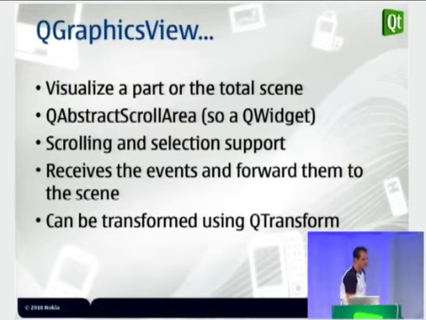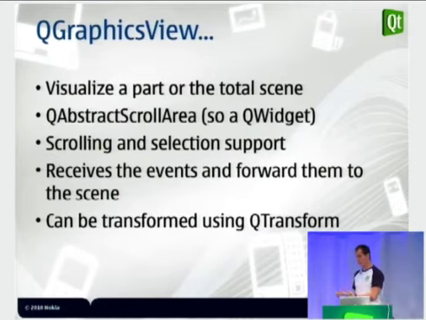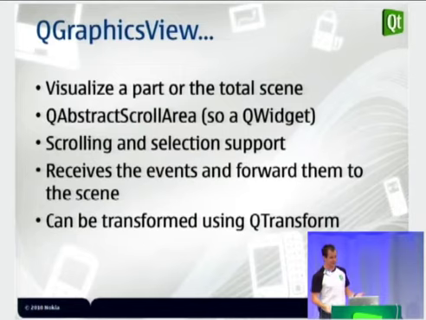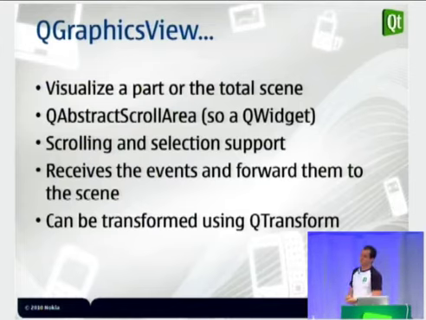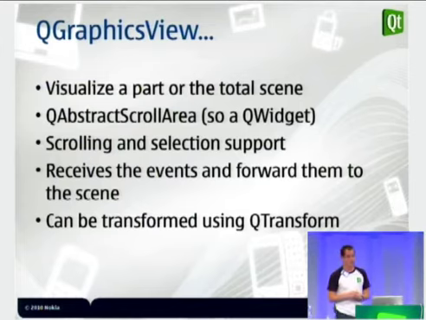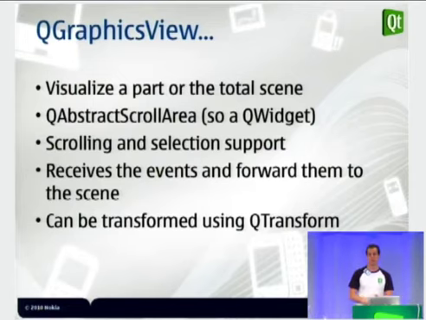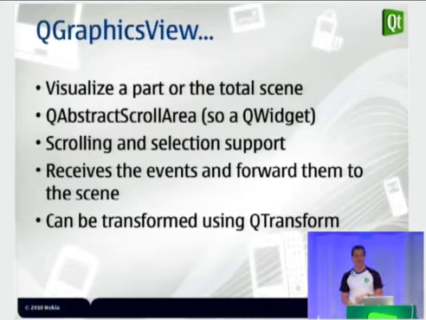And the graphics view receives all the events from Qt, right? From the windowing system, from the event queue, everything. It receives the paint events, the keyboard events, everything. And then, except for the rubber band, it forwards everything to the graphics scene. There is not that much logic for the paint code or the events inside the graphics view.